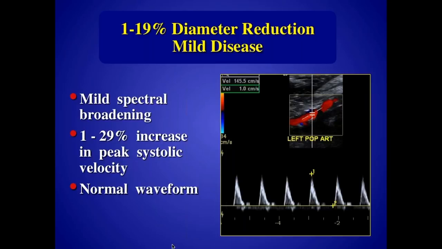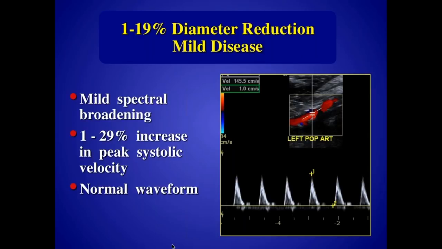So let's talk a little bit about the criteria we use to classify peripheral arterial disease. We break it down into mild, moderate, severe, and occlusion. So a mild lesion takes into account about a 1 to 19% diameter reduction. That's about 1 to 19% narrowing of the lumen.